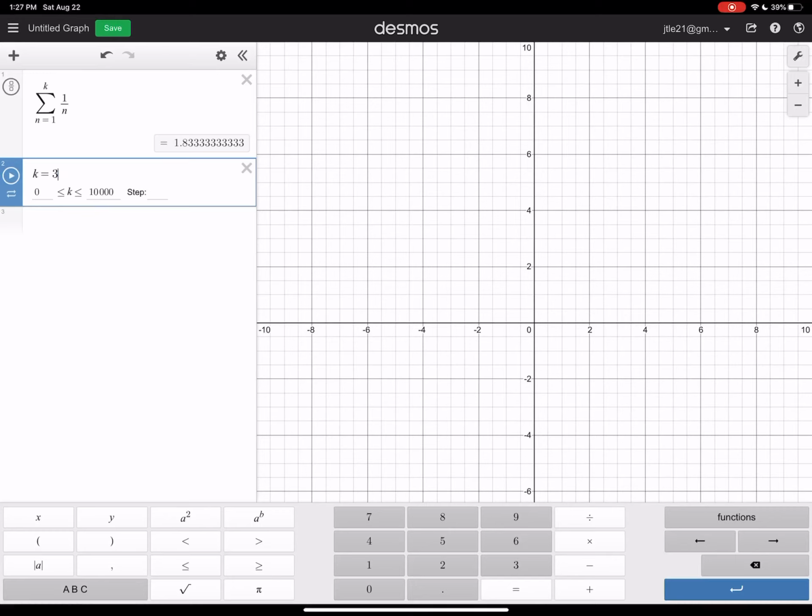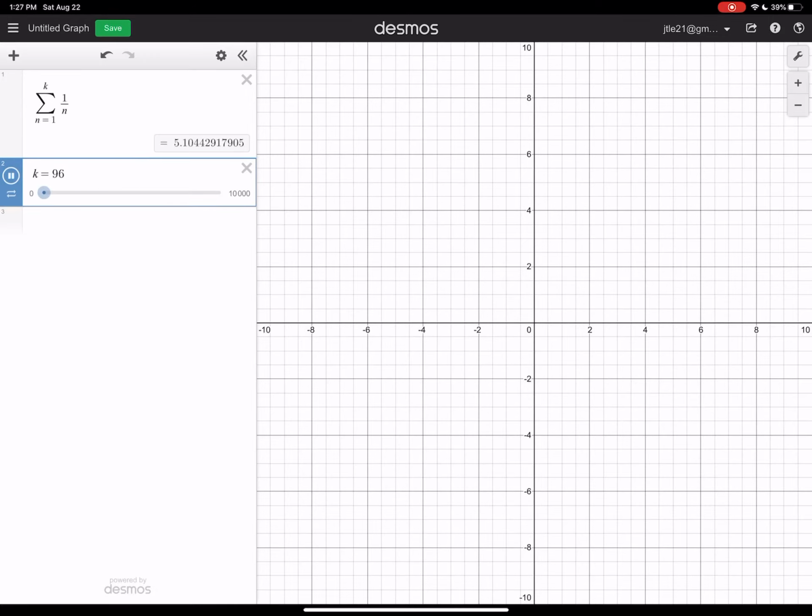So I want you guys to take a look at what happens if I just let that play button play, meaning I'm adding more and more area to it. Take a look at that value, right? Okay. Now I'm adding values at a very fast pace. So right now I'm at the 3,000th number.